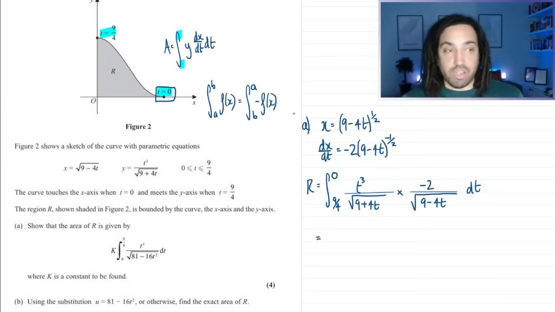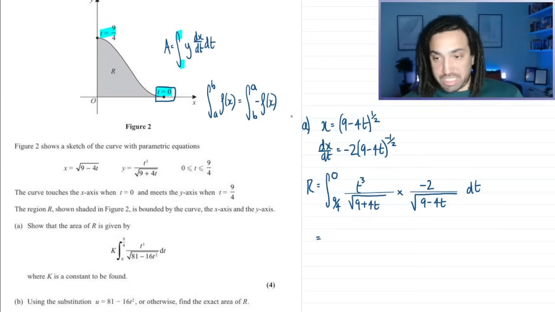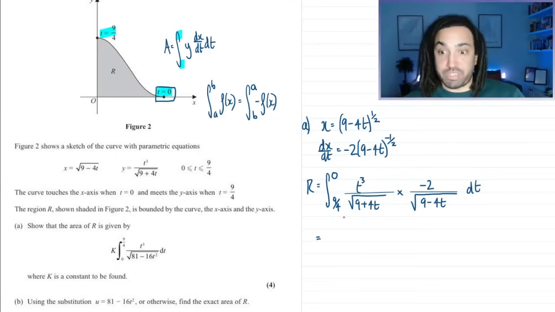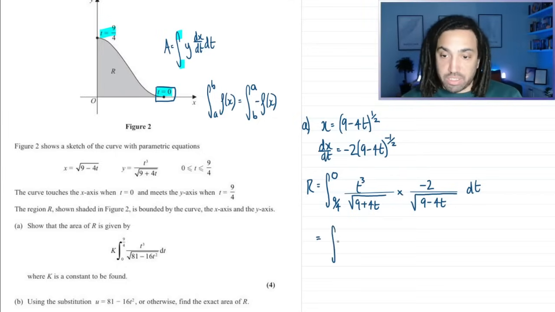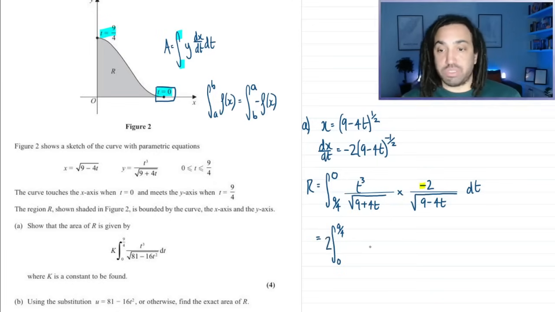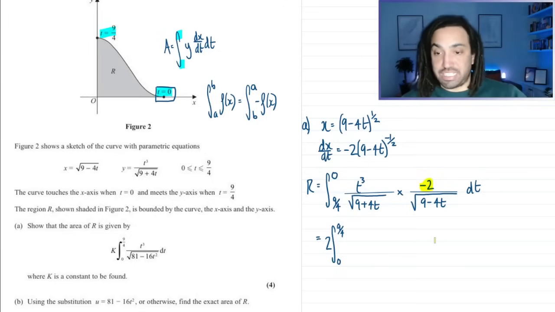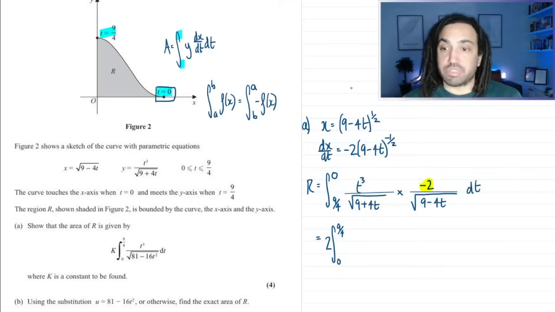So we can take out a negative, just completely cancel it out, and flip the limits over. So flipping the limits will allow us to cancel out the negative, sorry. But I can take the 2 out because it's a constant, so that has completely removed the minus 2. The 2's gone out and the negative has flipped the limits over.